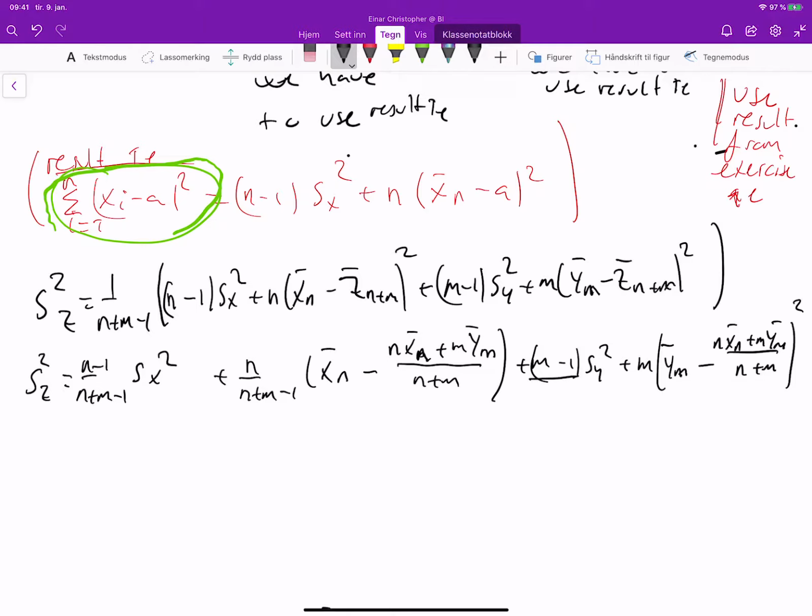And here we have to not forget n plus m minus 1, and here neither, n plus m minus 1.